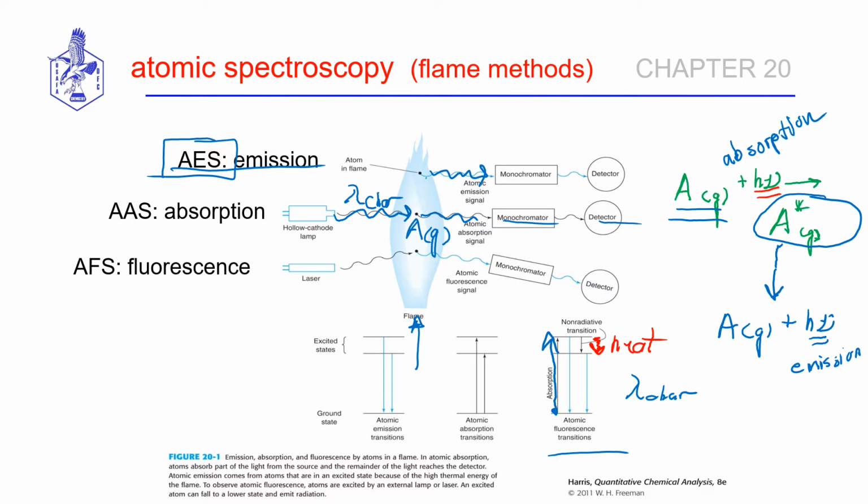And so when it comes time to drop back down to the ground state and emit a photon, that emitted photon is at a longer wavelength than the excitation because some of that energy was given off in the form of heat. So when that happens, that's the distinction of fluorescence versus emission.